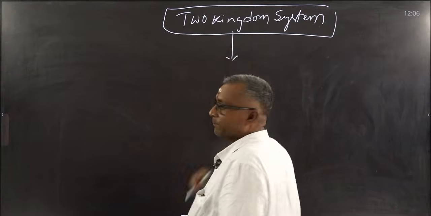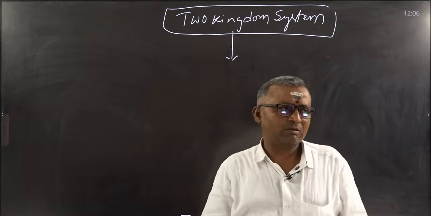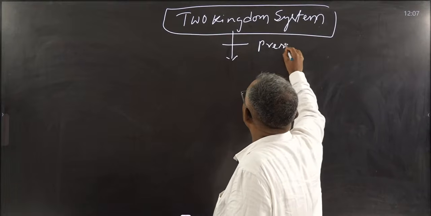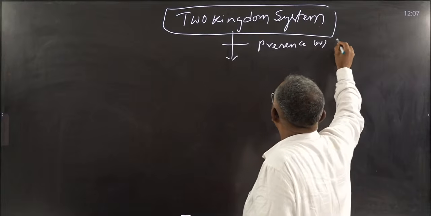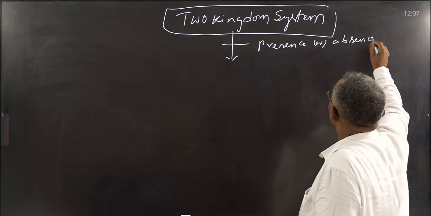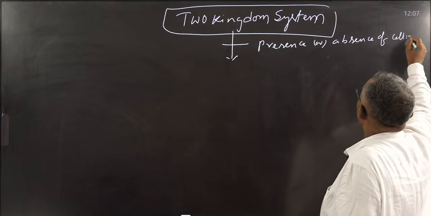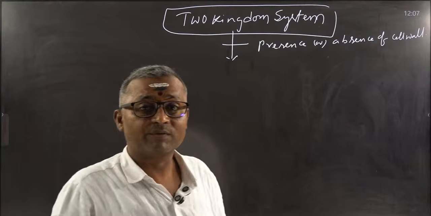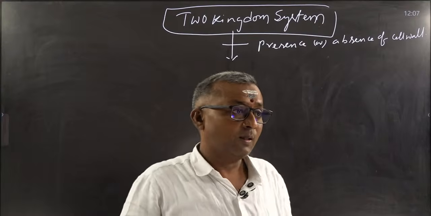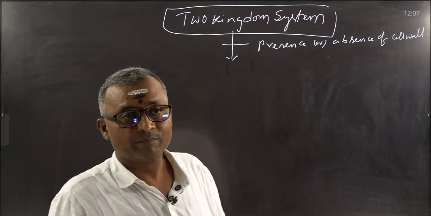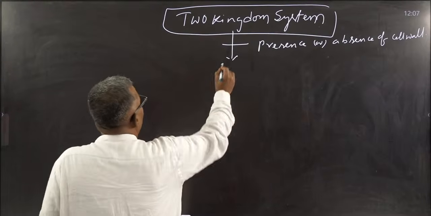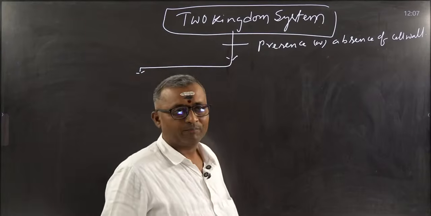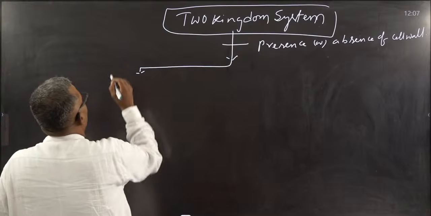This system was based on presence or absence of cell wall. What is the basis for this classification? Presence or absence of cell wall. And in his view, those organisms that have cell wall were included under Plantae.